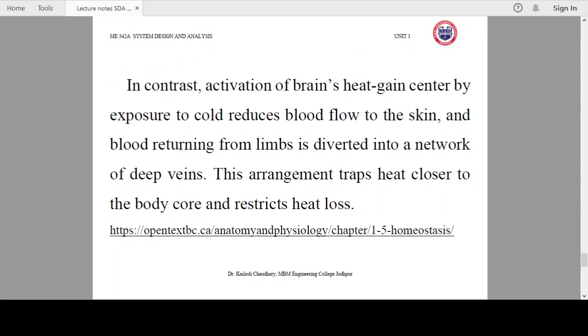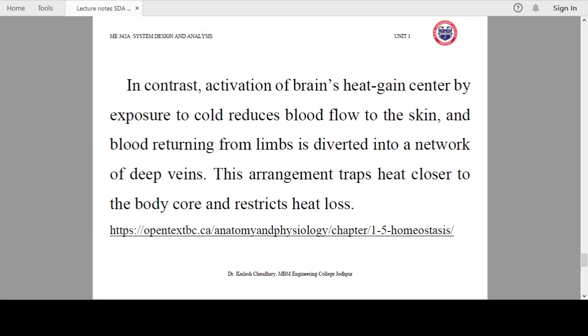Similarly, if we face a colder situation where the temperature goes down, then activation of the brain's heat gain center by exposure to cold reduces blood flow to the skin, and blood returning from limbs is diverted into a network of deep veins.